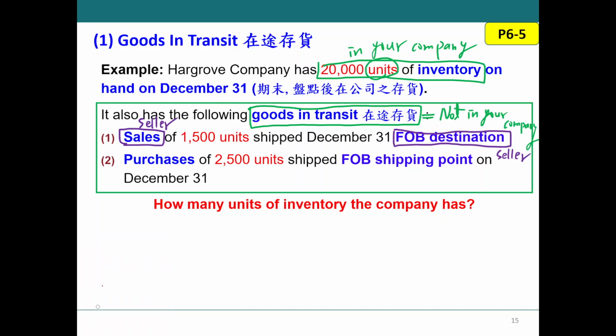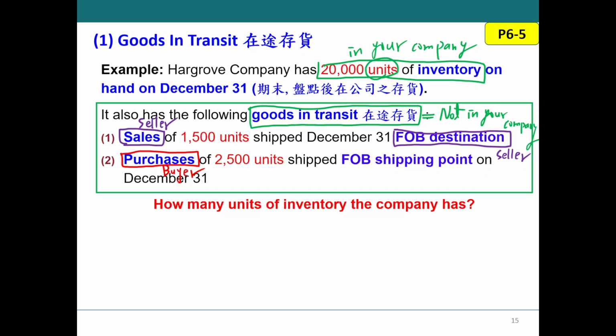Okay? Second case, purchases. You buy the inventories. So you are the buyers, right? So since you are the buyers, the next question is destination or shipping point. Shipping point told you who has these two apples? Buyers. Okay?